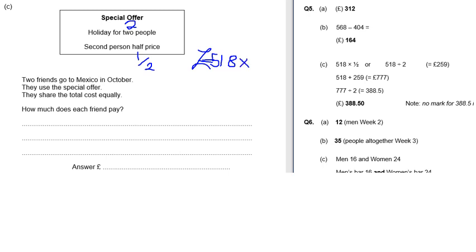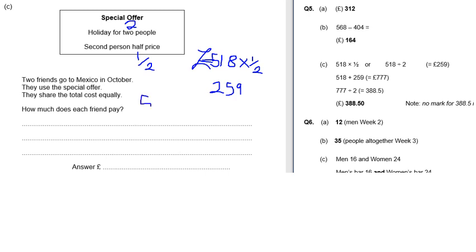So if we times that number by a half, so again, I write times by a half, but actually I'm dividing by 2. 500 divided by 2 is 250, plus that 8 divided by 2 is 4, so 254. Okay, so one person pays 508, the other person pays 254, but they're going to share the cost equally.